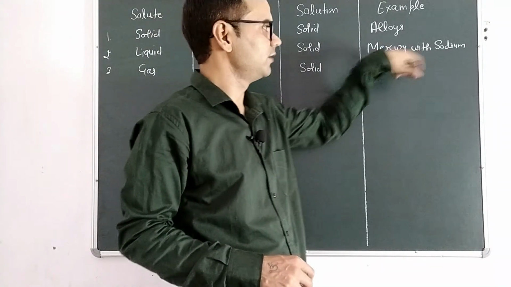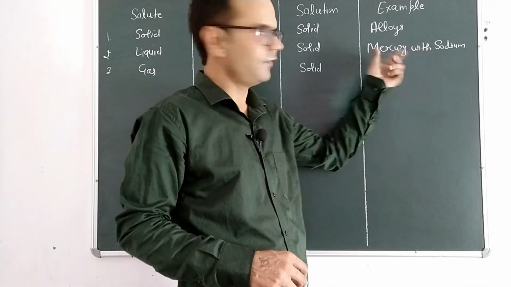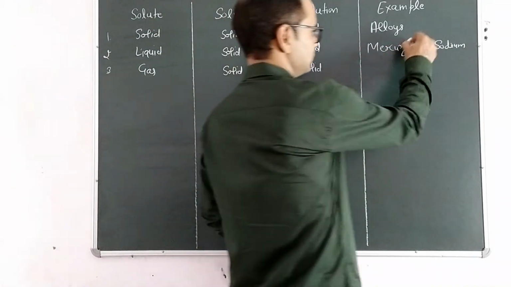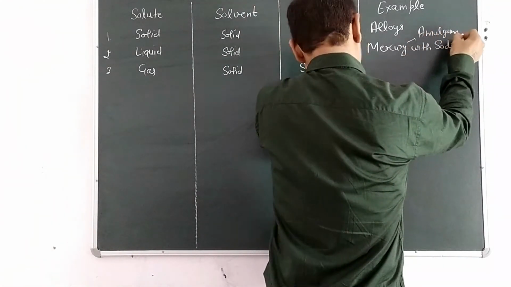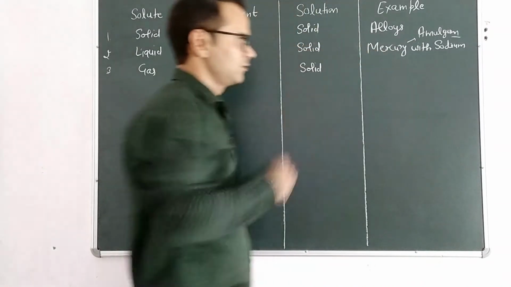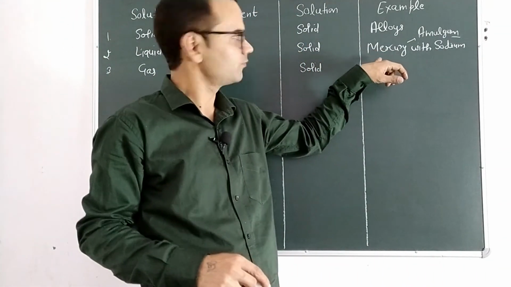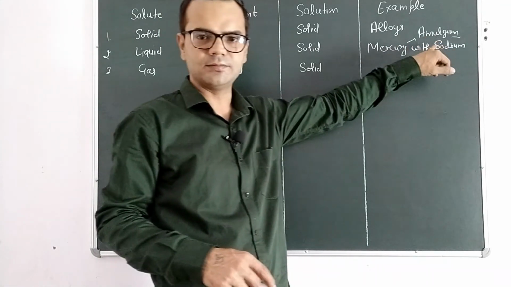So this is liquid with a solid. We will get a sodium amalgam. Whenever mercury is present, the solution is called amalgam. Whenever we use mercury, the solution form is also called amalgam. So this is sodium amalgam.